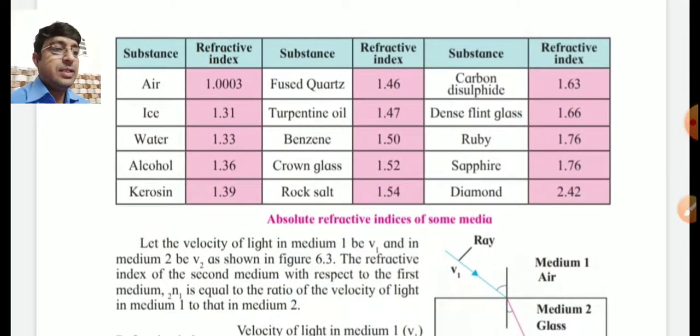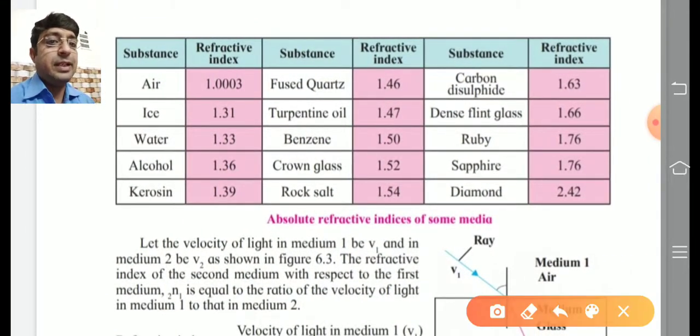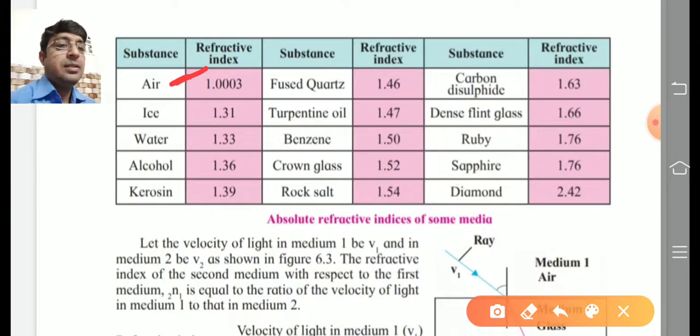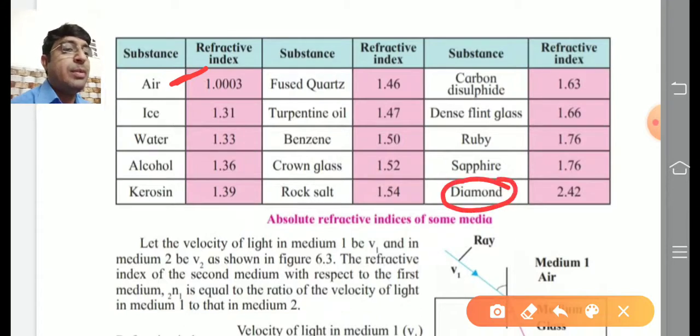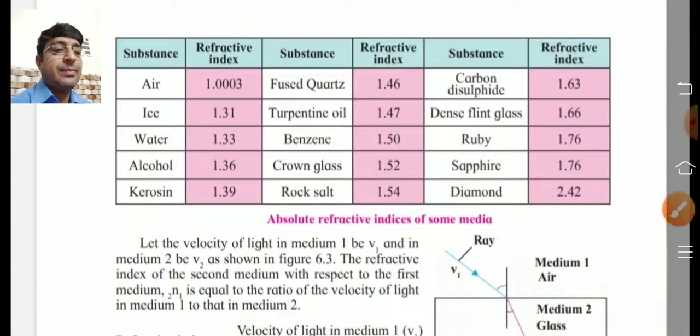Some substances and their respective refractive indices are given. Air's refractive index is considered as 1. That is the minimum refractive index, and the maximum refractive index is of diamond, that is 2.42. So you check the different substances and their respective refractive indices.